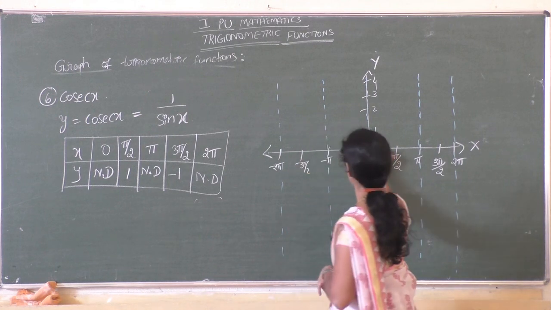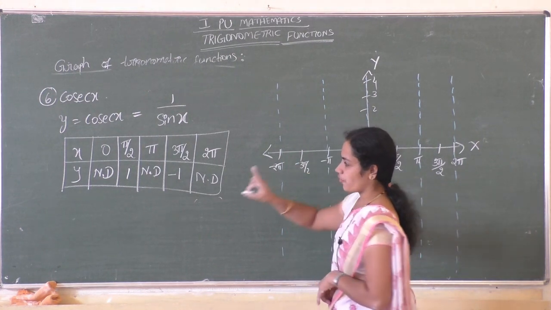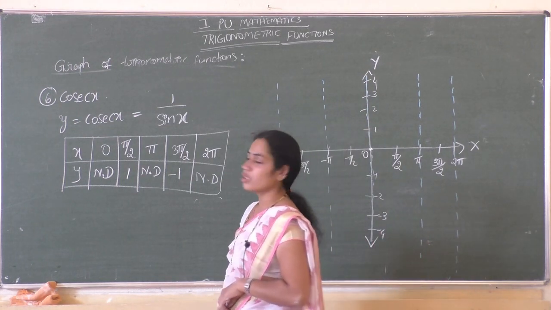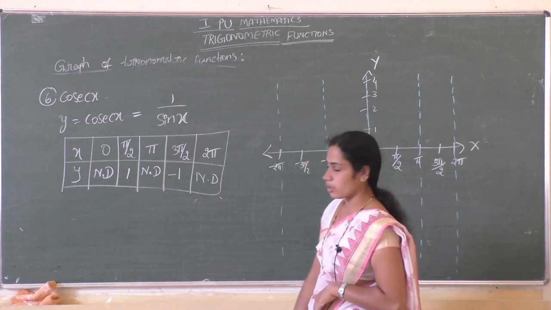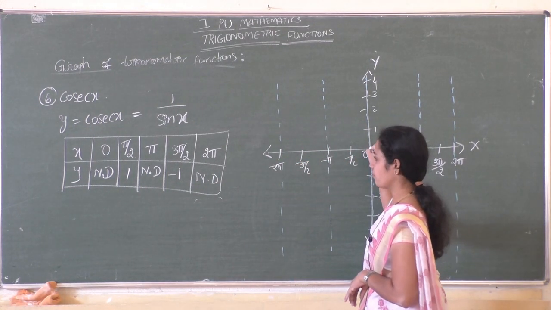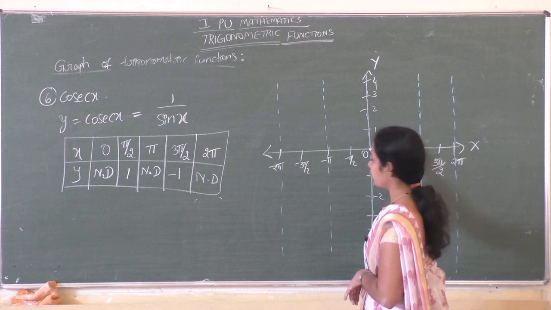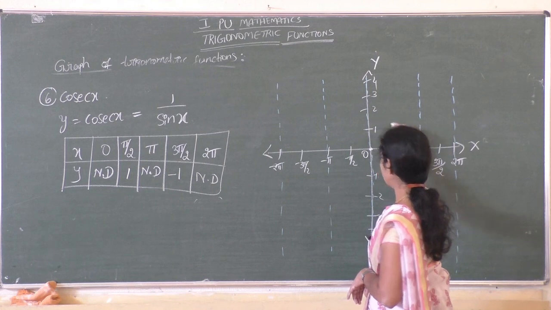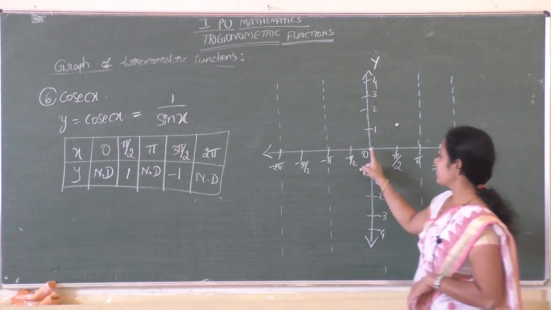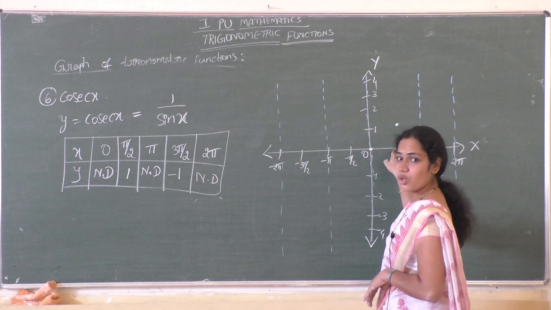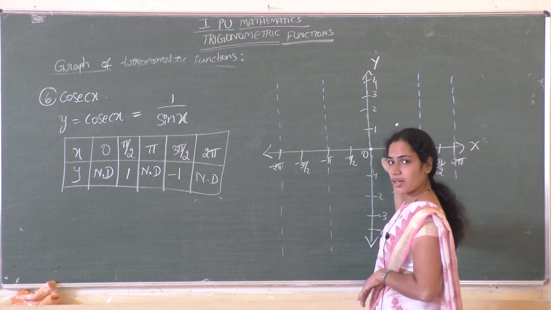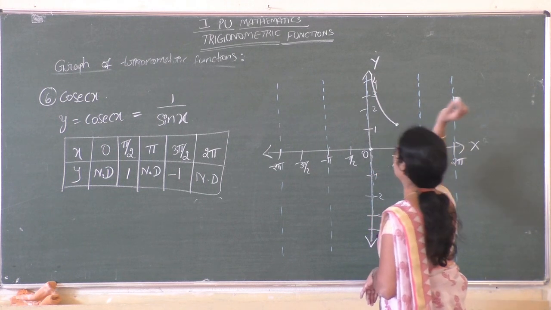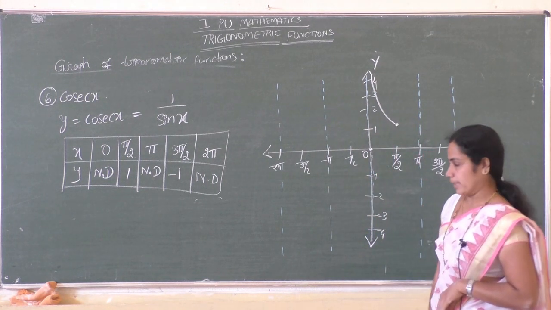Now we are discussing cosec. Cosec 0 is not defined. For cosec pi by 2 it is 1, correct? In the first quadrant, 0 to pi by 2, all functions are positive, so cosec is positive and it decreases from infinity to 1.